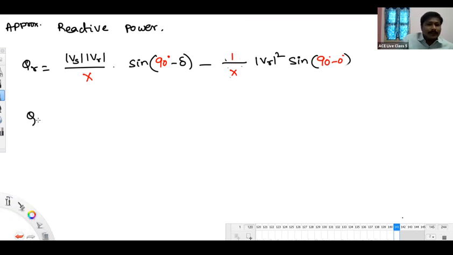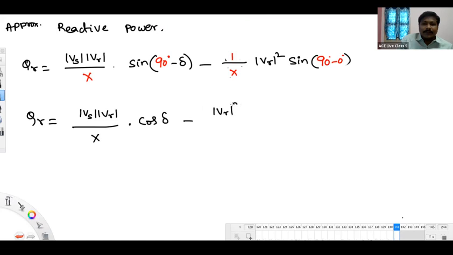So the approximate QR will come to be Vs into Vr by X into sin of (90 minus delta), which is cos delta, minus mod Vr square by X into sin 90, that is 1.